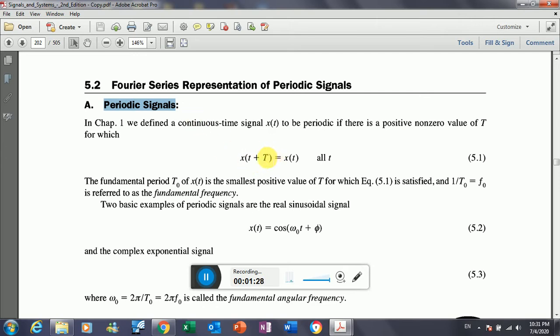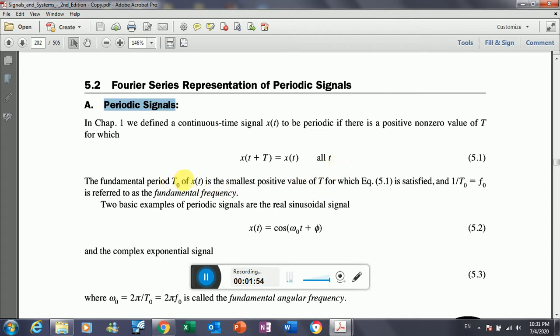Periodic signal is defined as x of t in which there is a positive non-zero value of T, for which x of t plus capital T equal to x of t. यानी उसमें कैपिटल T की शिफ्ट दें तो वापस हमें वही सिग्नल मिल जाए. So that means this signal x of t is periodic for all t, right?